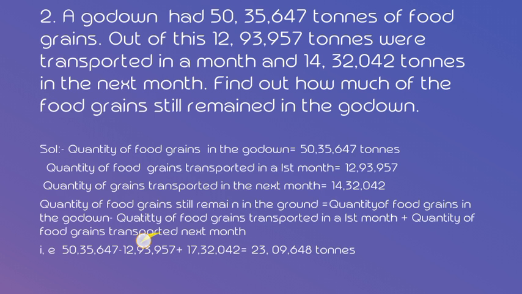First of all, you have to add these two numbers: 12,93,957 plus 17,32,042. After adding, you will get an answer that you have to subtract from 50,35,647. So you will get the answer 23,09,648 tons of food grains still remain in the godown.